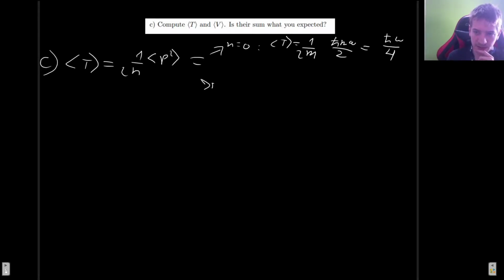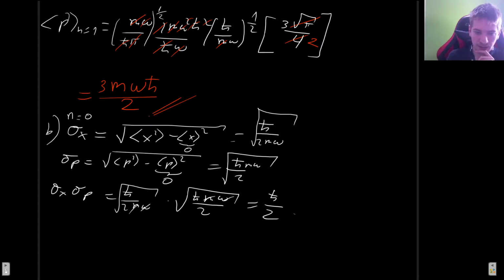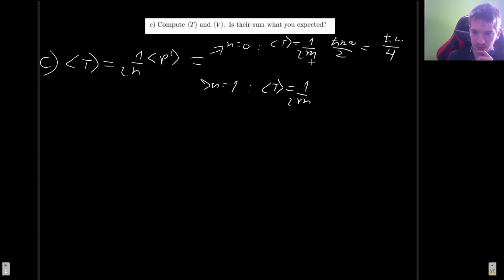And in the case n equals 1, this is going to be 1 divided by 2m times this other expectation value, which was right here, 3m omega h bar divided by 2. So the m's cancel out, and we get 3 h bar omega divided by 4.